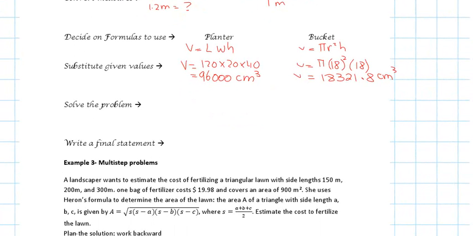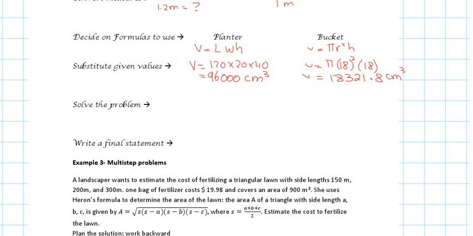Bucket, which is 96,000 over 18,321.8. What do you get? Buckets.